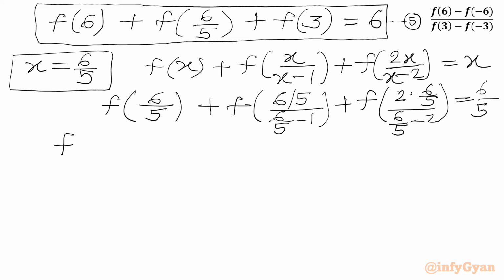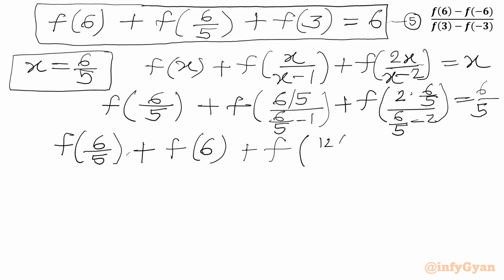Or we can write f(6/5) + f(6/5 over 1/5), so we will get f(6), plus f(12/5 over (6 minus 10)/5), where 6 minus 10 comes out minus 4/5, equal to 6/5.